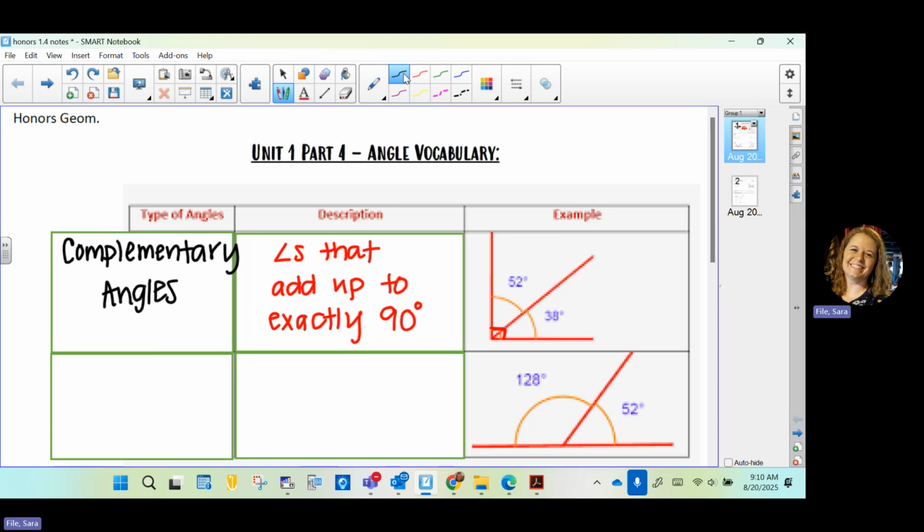All right. Anybody want to take a guess at what the next one's going to be? Go ahead, Harley. Supplementary. Yes, supplementary angles. Complementary and supplementary, you've probably definitely heard together.